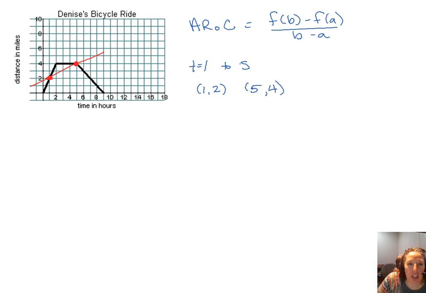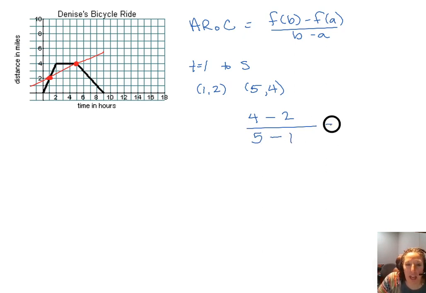So our average rate of change from t equals 1 to 5 is going to be f, remember, is the y value, so that's going to be 4 minus the y value at A, which is 2, over, since 4 was what we plugged in first, we want to make sure and put the corresponding x value below it, and then 2 is what we plugged in second, so we'll put the corresponding x value below that.